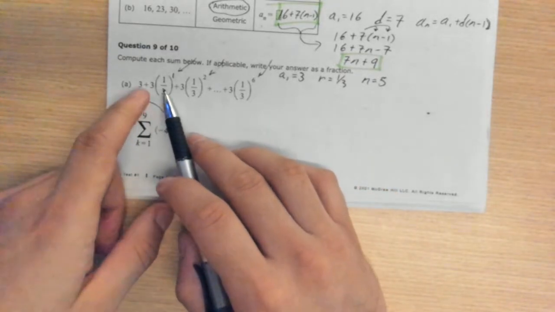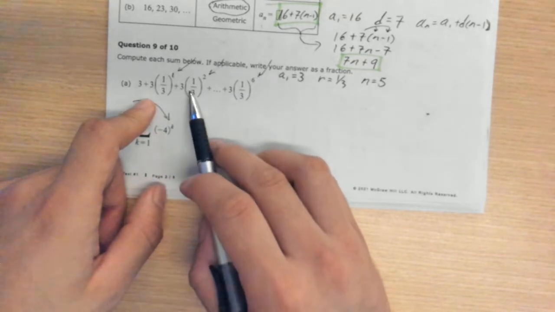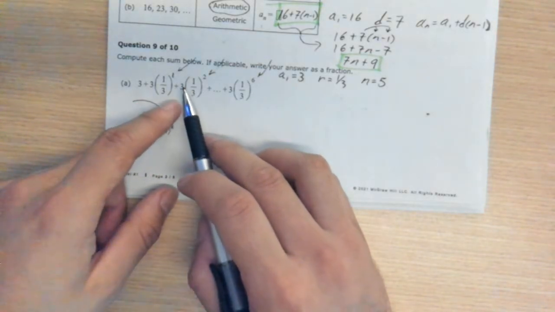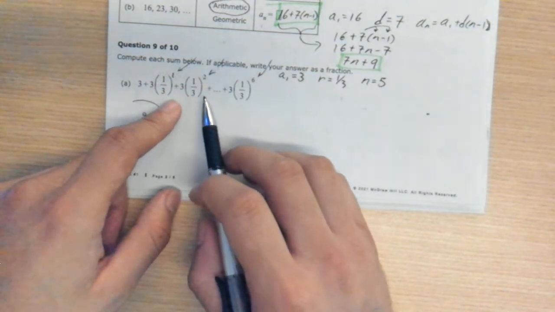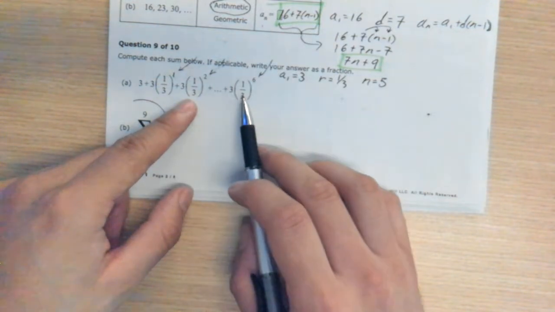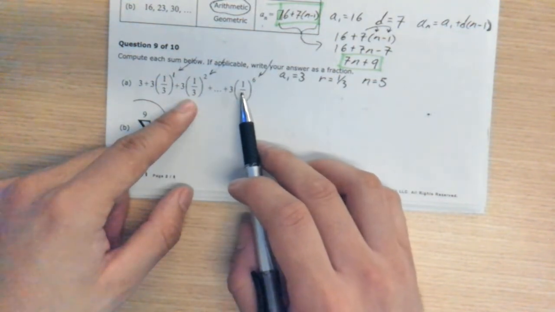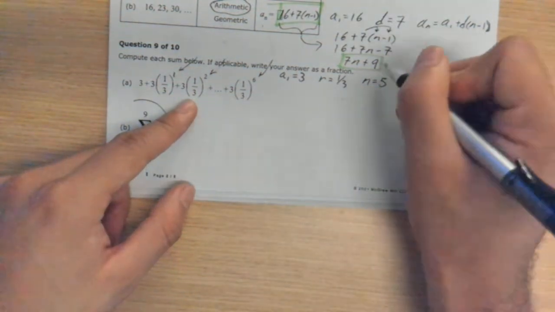This is the second value, 3 times 1/3 raised to the first. Our third value is 3 times 1/3 raised to the second. Raised to the second is our third value. That means this 3 times 1/3 raised to the sixth is actually going to be our seventh value.